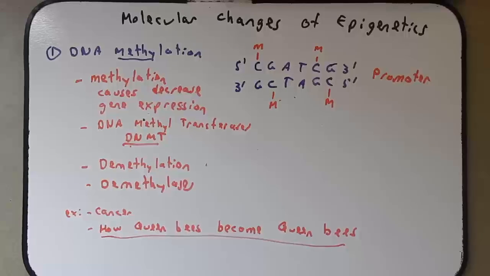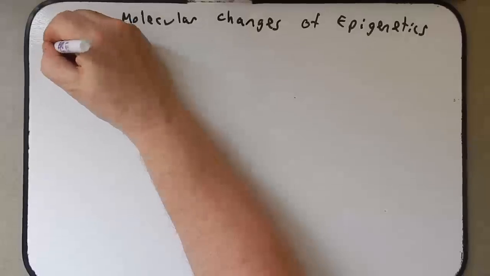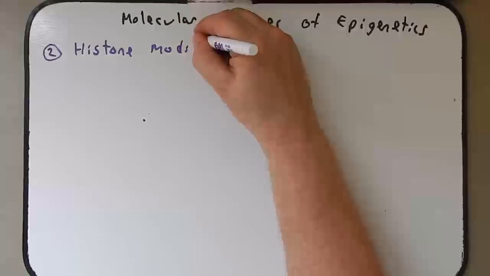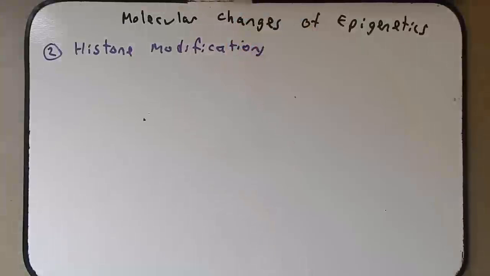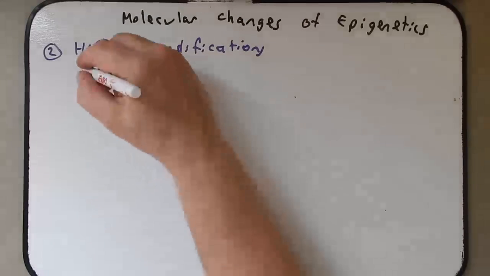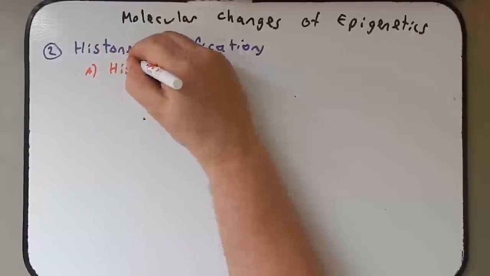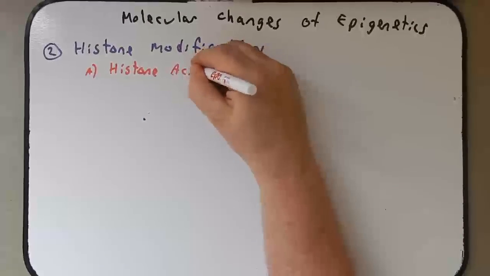The next mechanism I want to talk about that is linked to the molecular changes of epigenetics is histone modifications. So number 2 here, histone modifications. And some of these we've already talked about, but we'll mention them again here in passing. The first is histone acetylation.